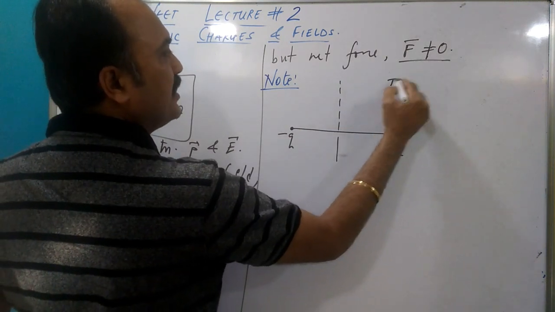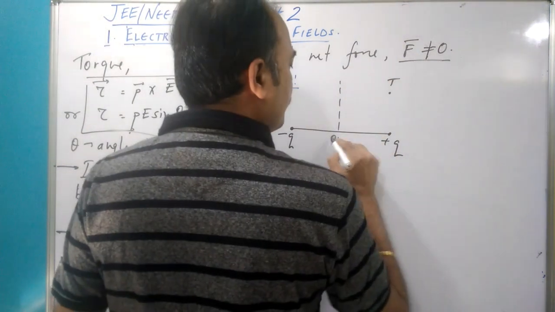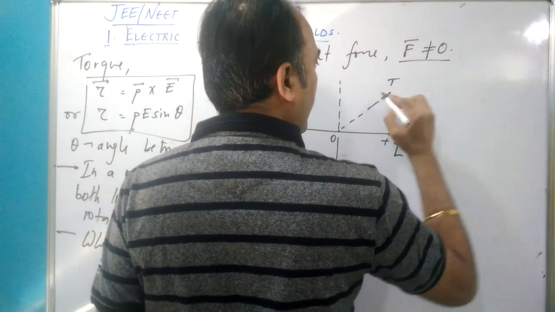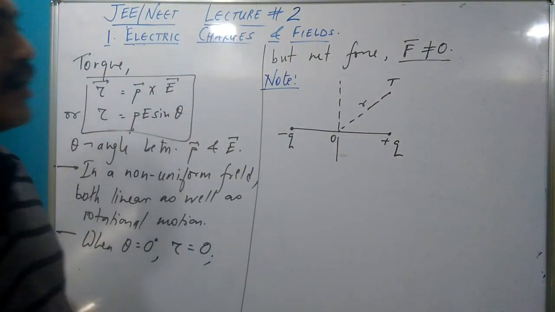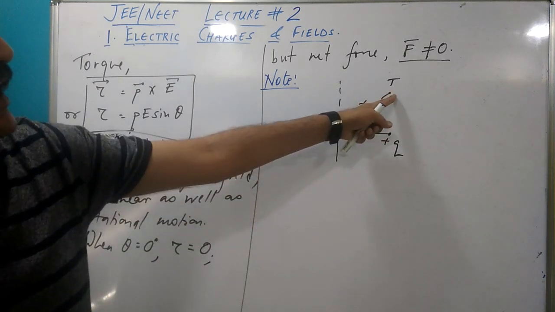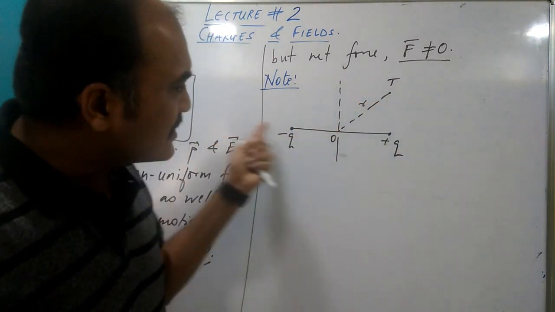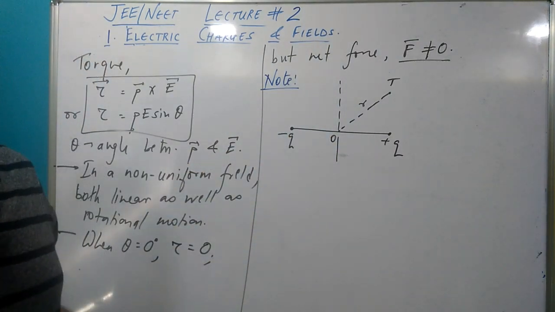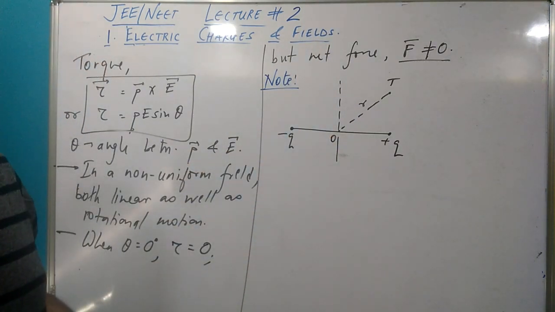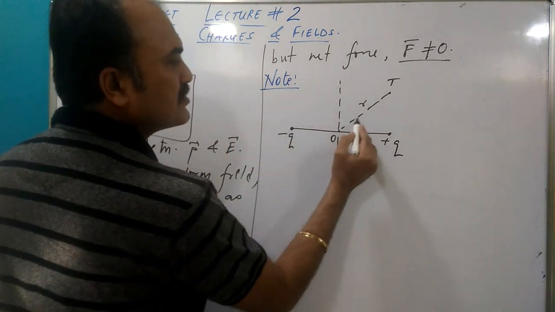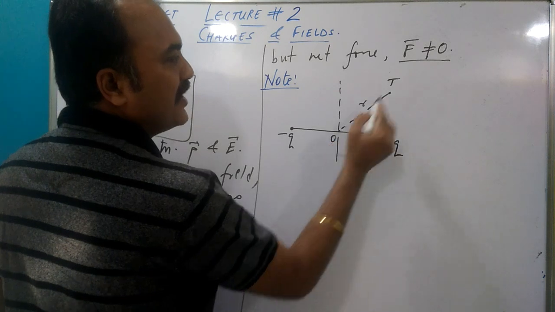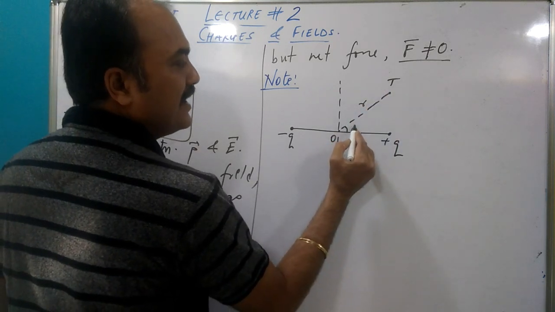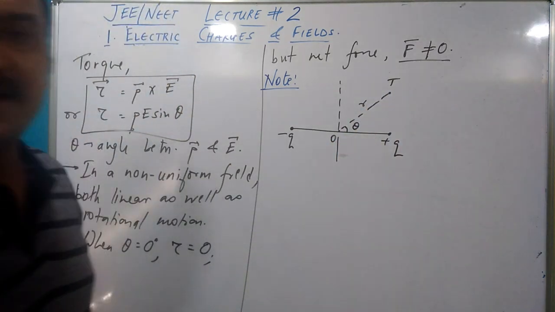Let us say this is point T. And the distance from the center is r. But you can see this point T is neither on the axis nor it is on the equator. Then what would be the electric field at such a point? Okay, no problem. Let us say the angle between this point and the line of the dipole is theta.